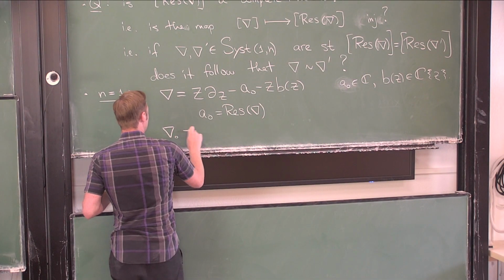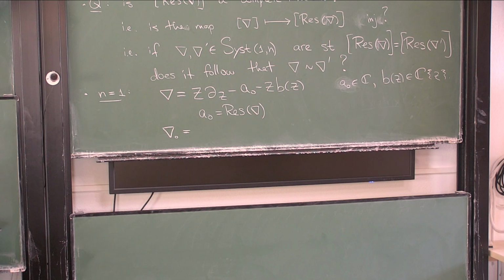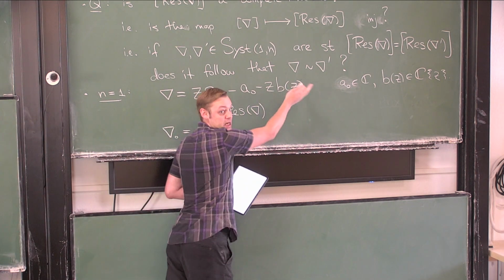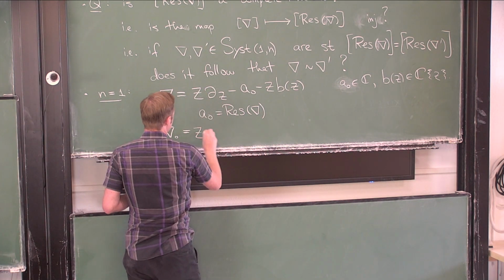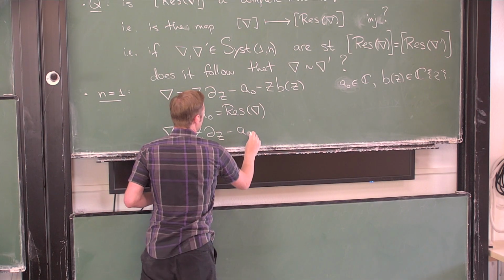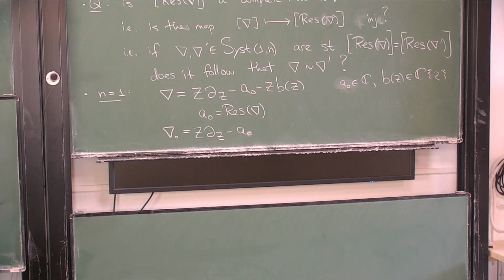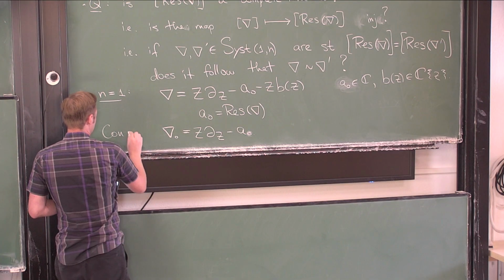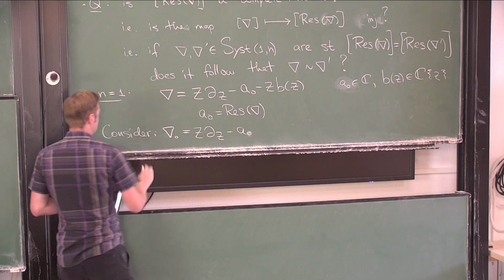So let me now consider another, much simpler system with the same residue, where I'll just ignore b. So I look at z del z minus a naught. Consider this.